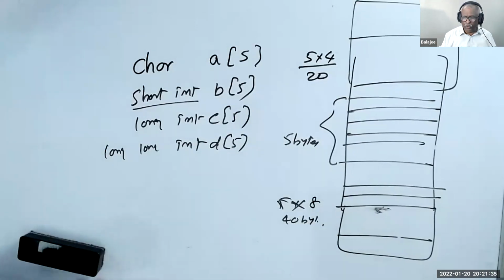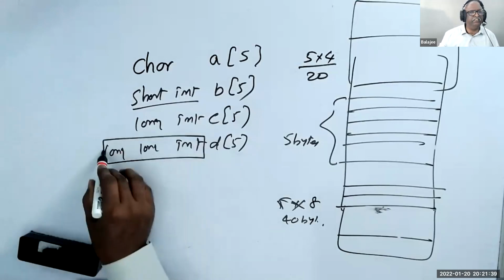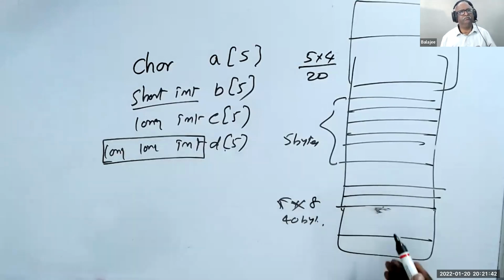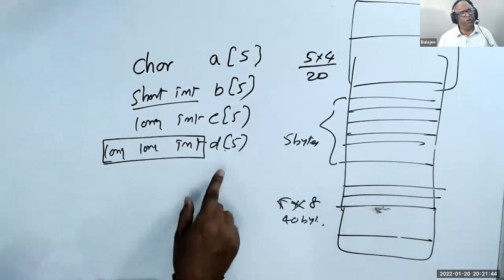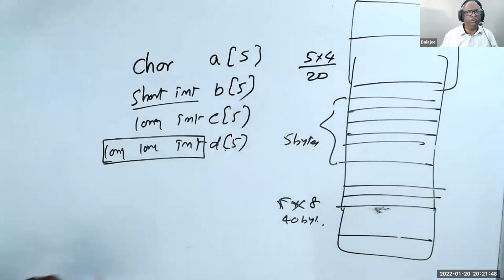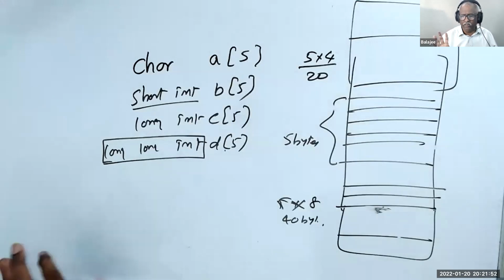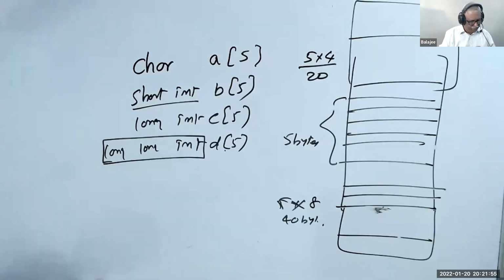Understand now? Based on the declaration type, the array will be declared. It's not possible to declare 2 of this type and 3 of that type. If you choose an array, it will be of the same type. There's no mismatch.